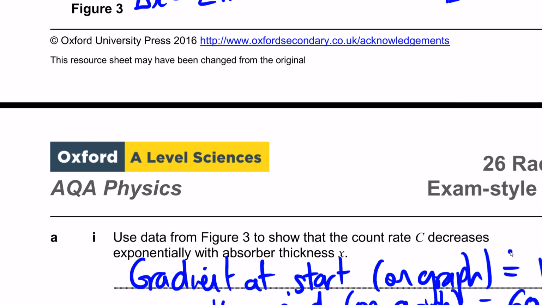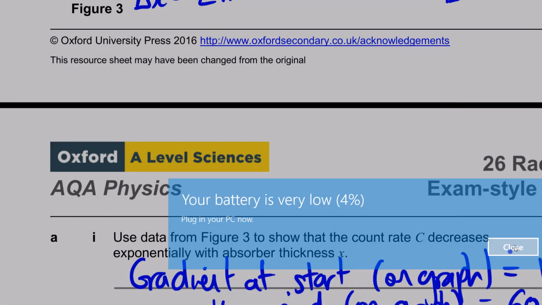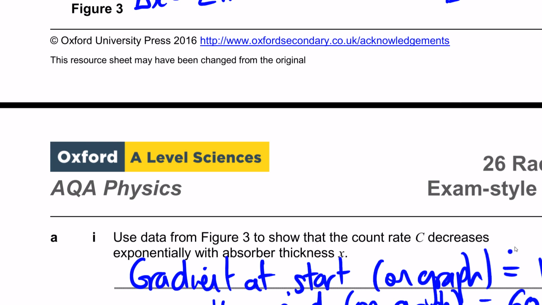So we're showing that we've got the ratio of these two, therefore the gradient is decreasing as x increases, so what are these? Exponential.